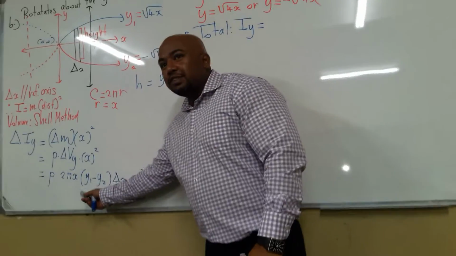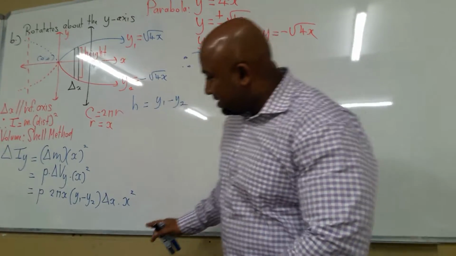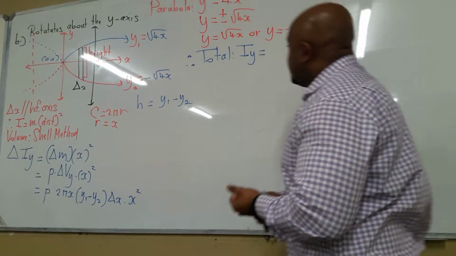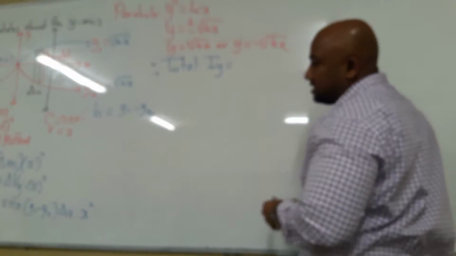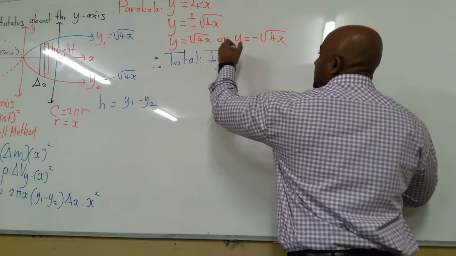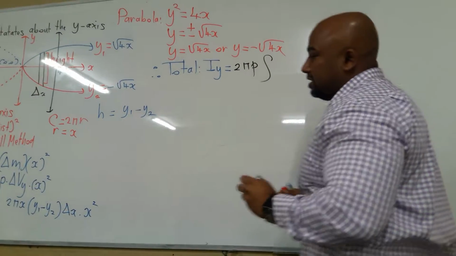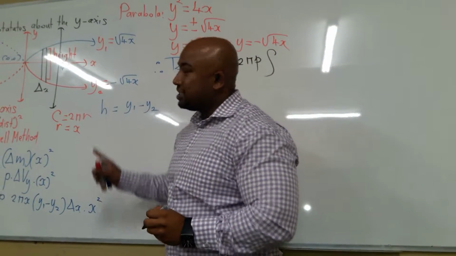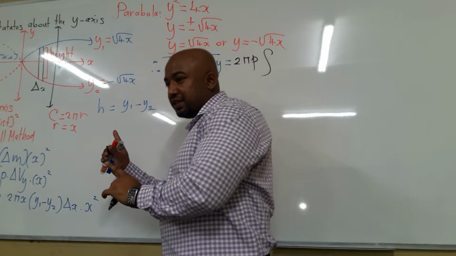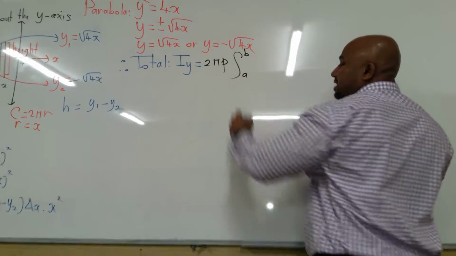So you had to write down the formula for the total. What are the constants? It's going to be 2 pi p. We are still integrating with respect to x. We did not change our representative element, so we are still using b and a.